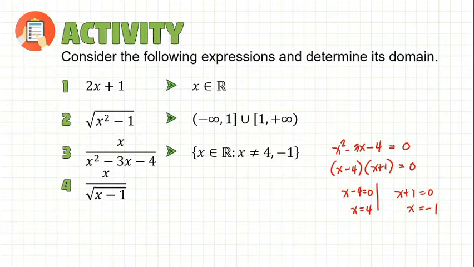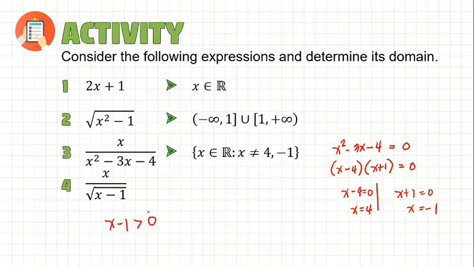But if the radicand here is 0, so we will have square root of 0, so that is just 0. So that will not be included since that one is in the denominator, right? So in this case, we will not include those values that will make the denominator 0. So we will just have x minus 1 greater than 0.